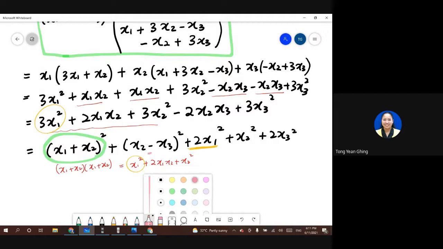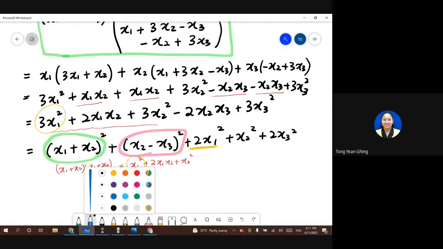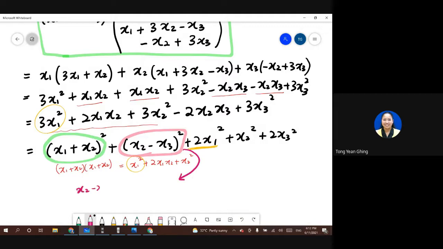So if, let's say, now go to this one. When I do the factorization of this one, it becomes this one, x2 square minus 2x2 x3 plus x3 square. So when you look at here, okay, this is done.